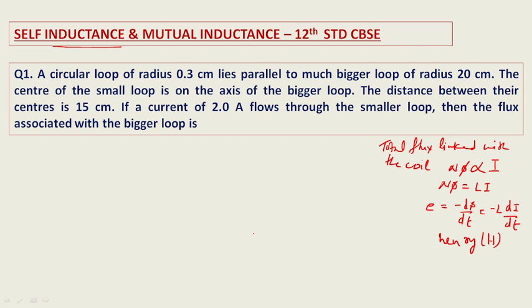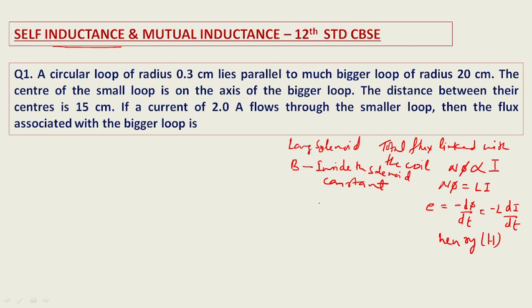In the case of a long solenoid, whose length is very large as compared to its area of cross section, the magnetic field B at any point inside the solenoid will be constant.